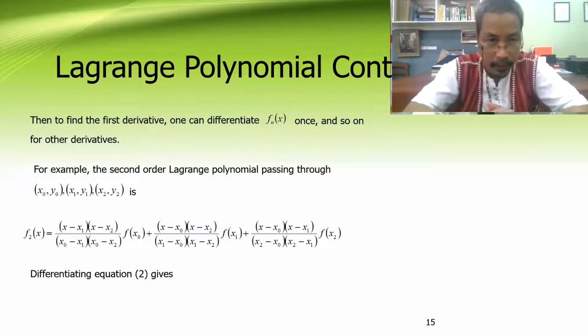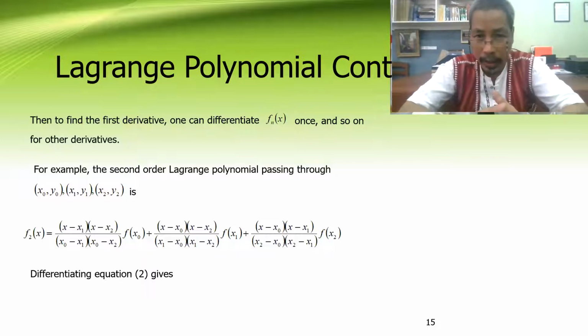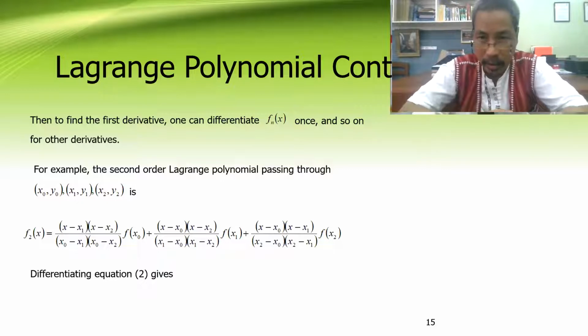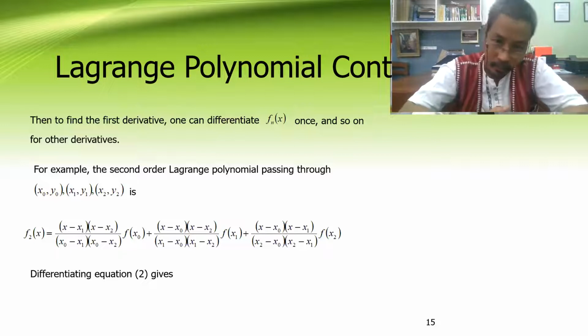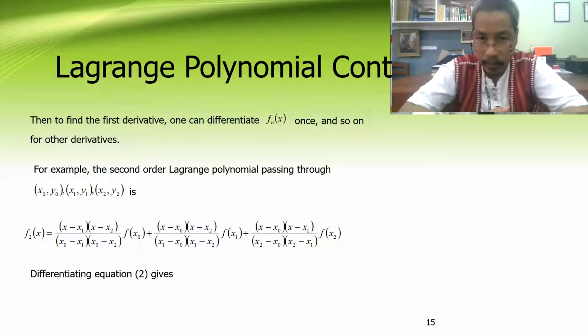So let us continue. To find the first derivative, one can differentiate f sub n once, because for the first derivative you have to take the derivative once. For the higher derivatives, we can take the derivatives correspondingly. Third derivative, we take the derivative 3 times, and so on.